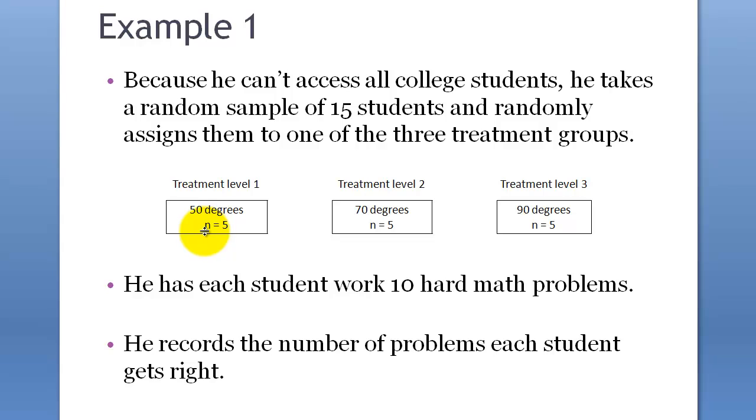Three different treatment conditions, 5 people. So we put 5 people in a 50 degree room, 5 people in a 70 degree room, and 5 people in a 90 degree room. Notice we have only 5, the same number of people. That's going to be kind of important later.